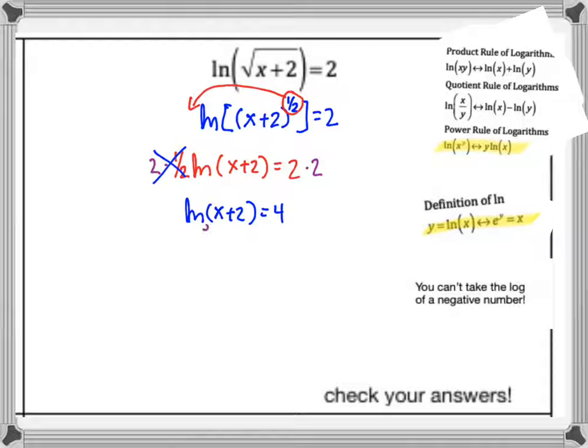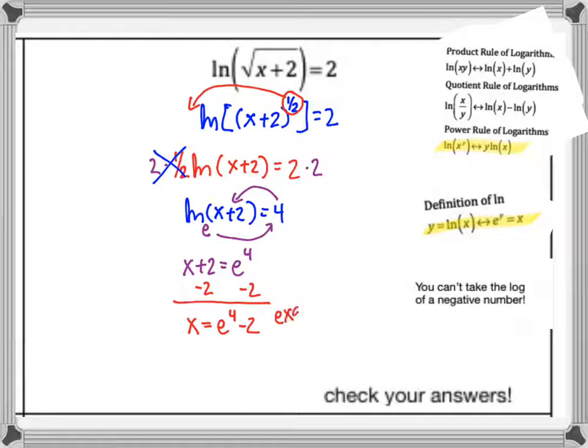So we will go e to the 4th equals x plus 2. So x plus 2 equals e to the 4th. Now I want to subtract 2 on each side, and we get x equals e to the 4th minus 2.